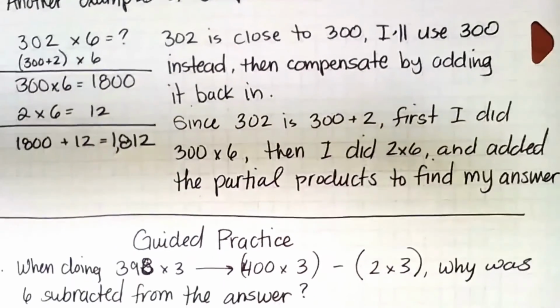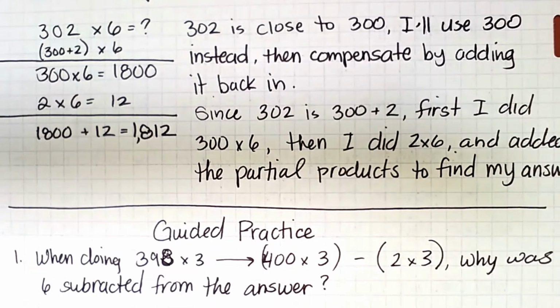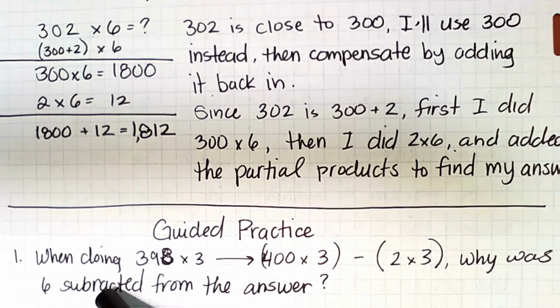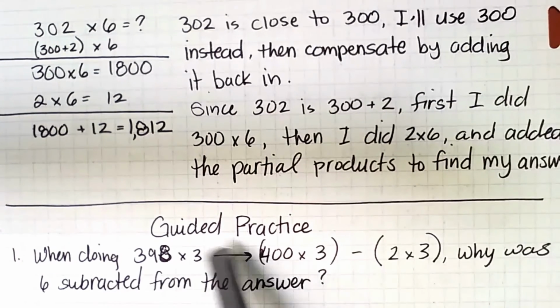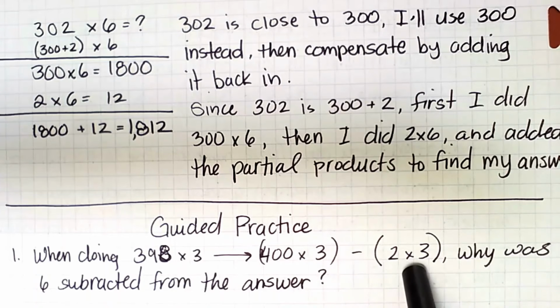Now for our guided practice, it's taking us back to our first example that we talked about compensation. It said when we did 398 times 3, why did we subtract 6 from our answer during those steps? Well, because we took the 398 and made it 400. So we added 2 more. So if I added 2 extra here, I needed to take those 2 extra away just as many times as I added it.